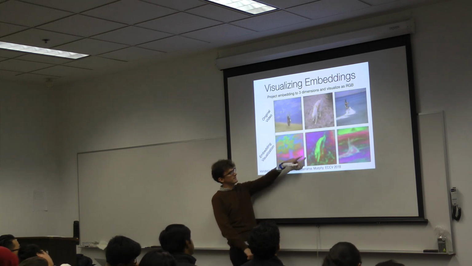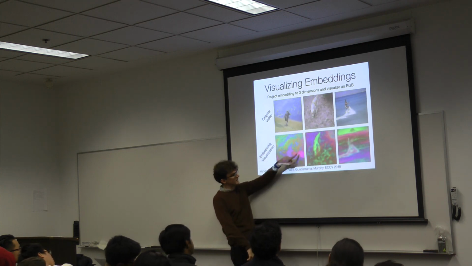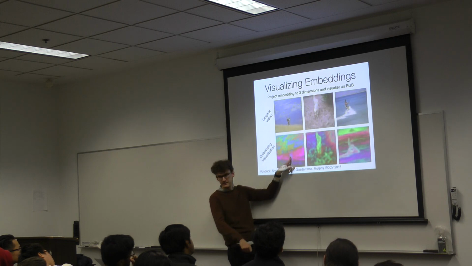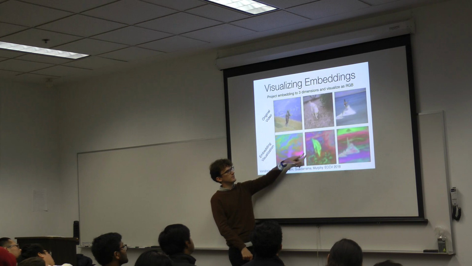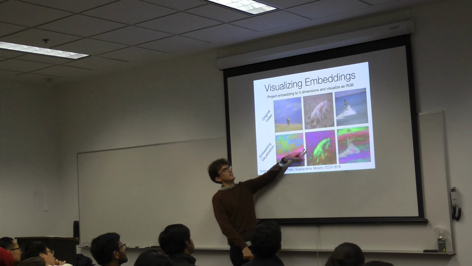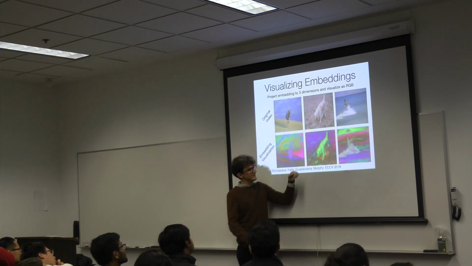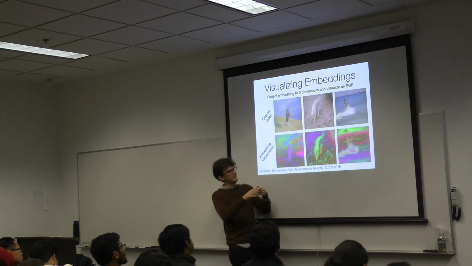And so what's interesting is that objects tend to be clustered in this space. Because this dog shows up in green, that suggests that these embeddings are close to each other.